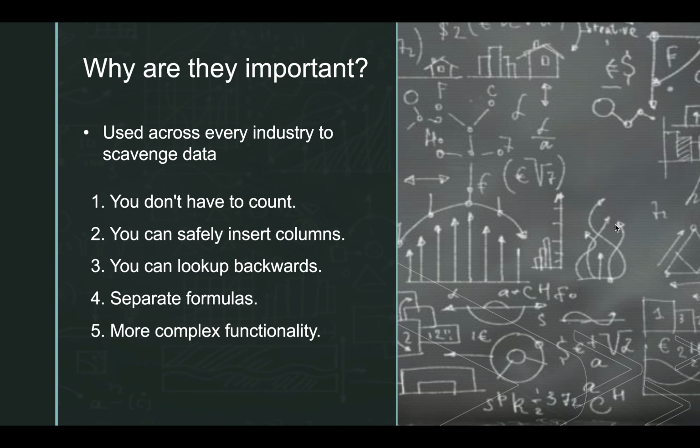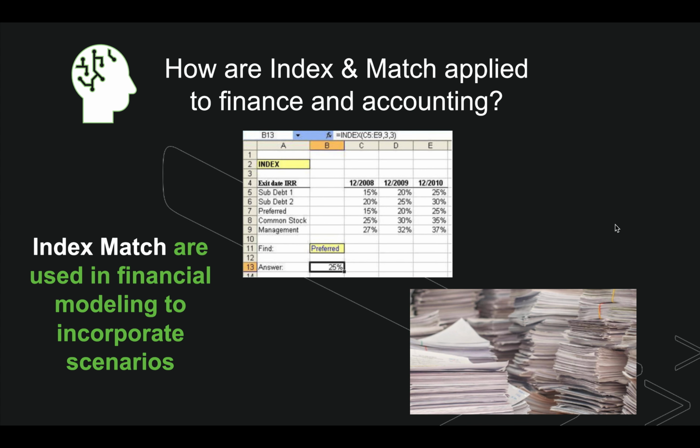And number 5, which is a little bit more complex functionality, index match doesn't stop with the above. You can also use index match to look up across both rows and columns, or use index match with multiple criteria. Again, unlike vlookup.